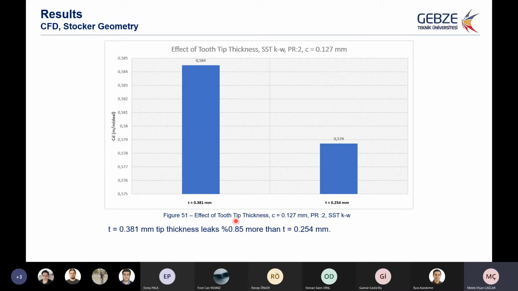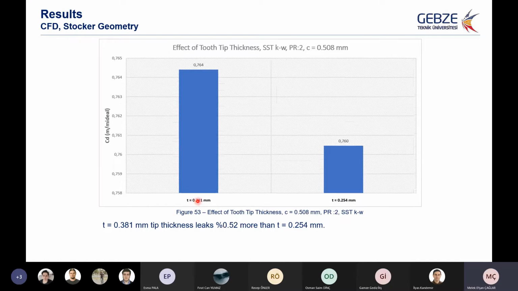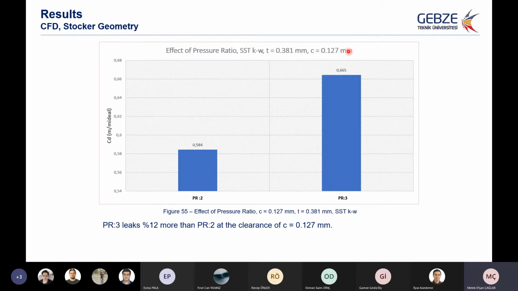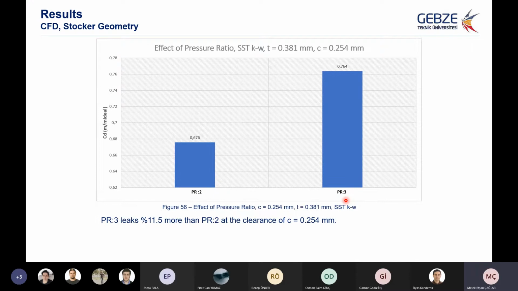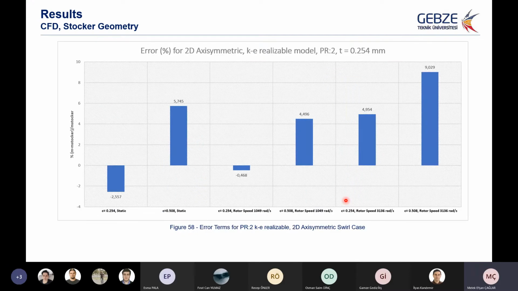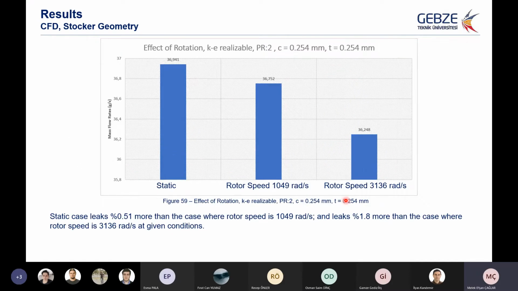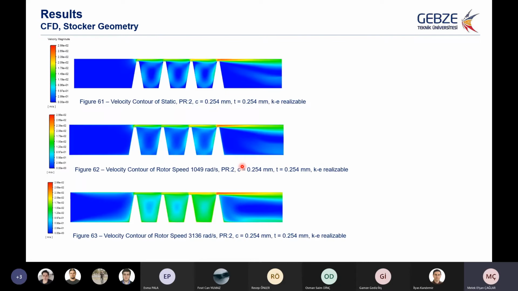And you can see the effect of tip thickness: bigger tip thicknesses leak more than smaller tip thicknesses. Effect of pressure ratio: bigger pressure ratios leak more than smaller pressure ratios. Rotation decreases the leakage, but it has a really tiny influence.